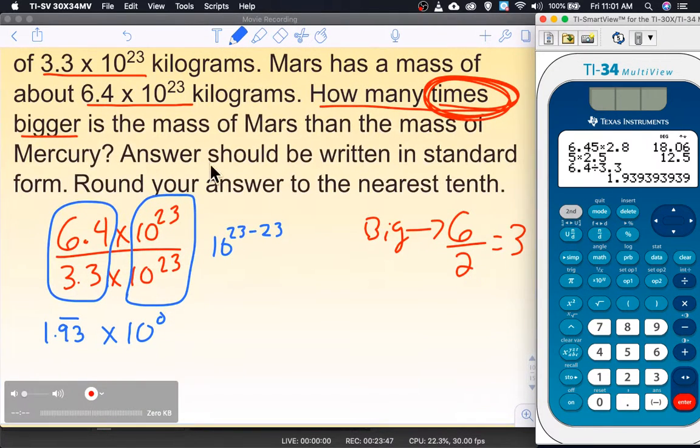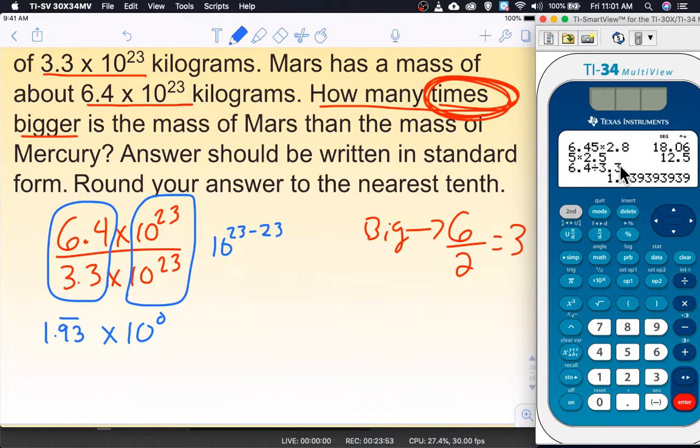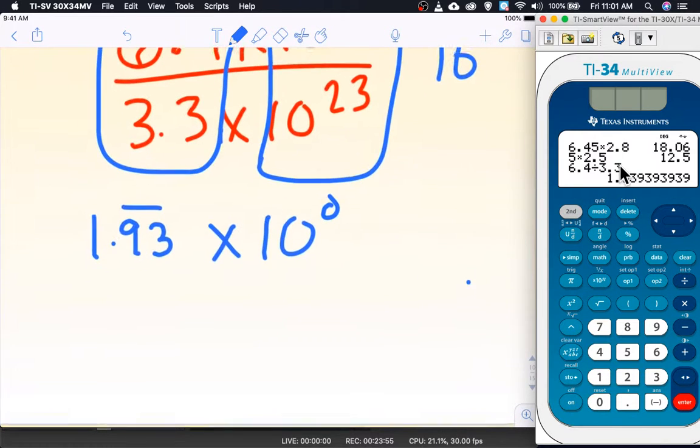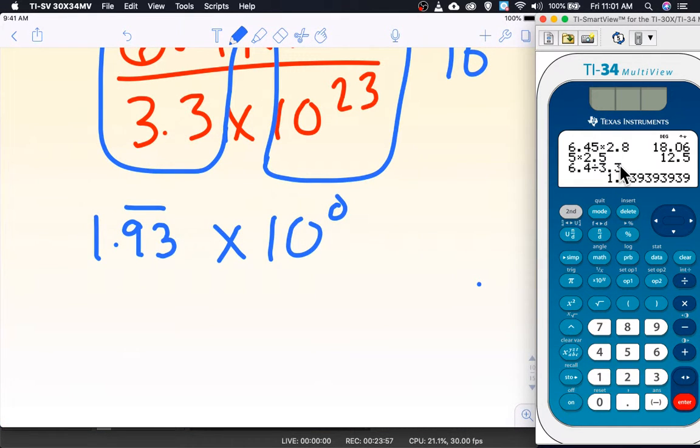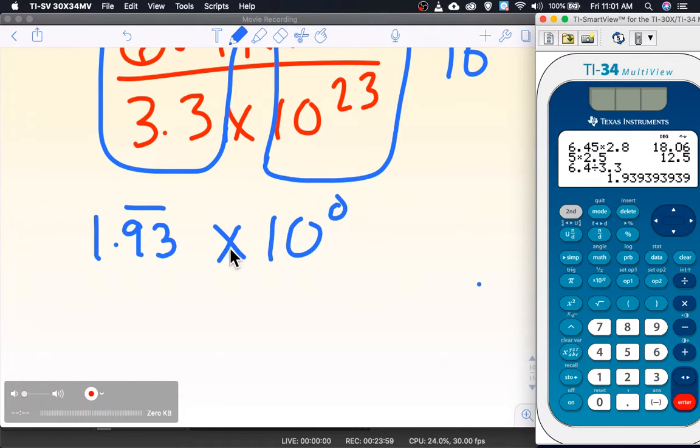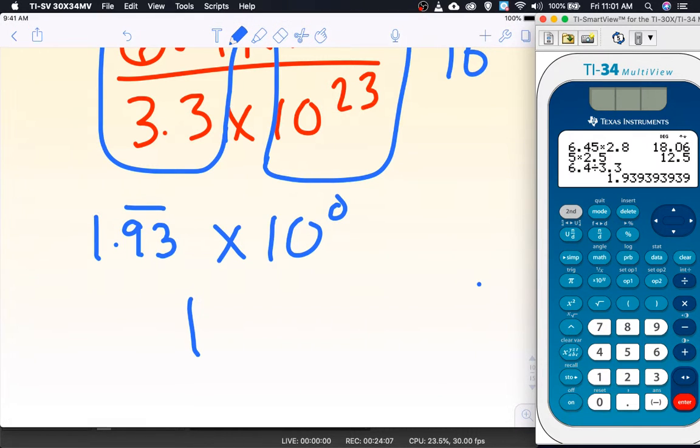And it does say our answer should be written in standard form. So in standard form, actually we're almost there, because if you remember, in standard form, you drop this 10 to the power of 0. This just equals 1. So the standard form answer is 1.93.